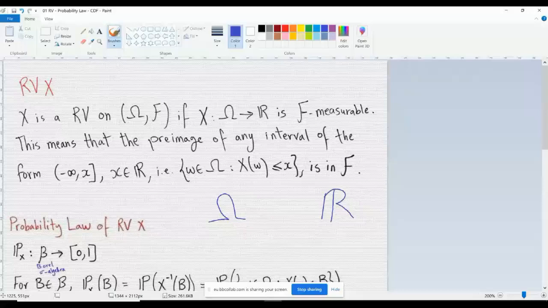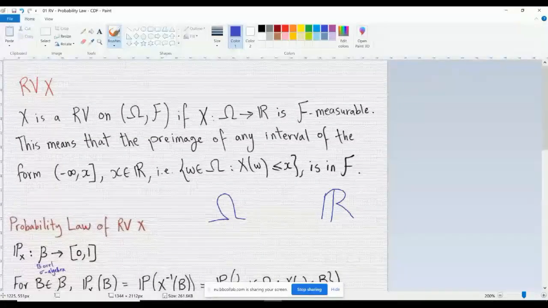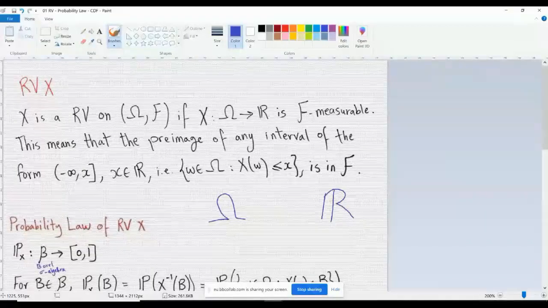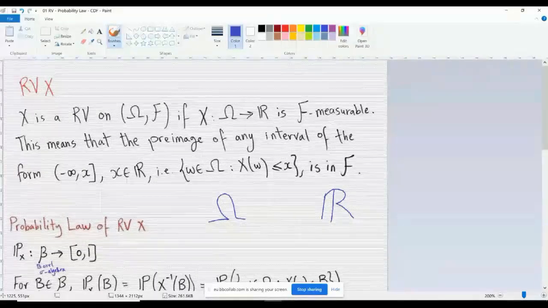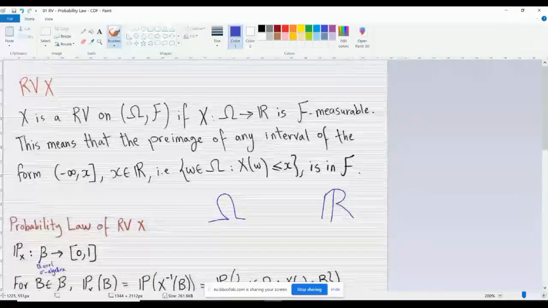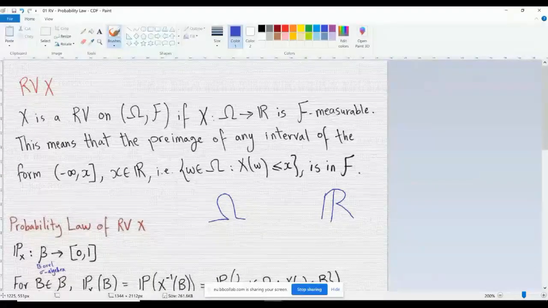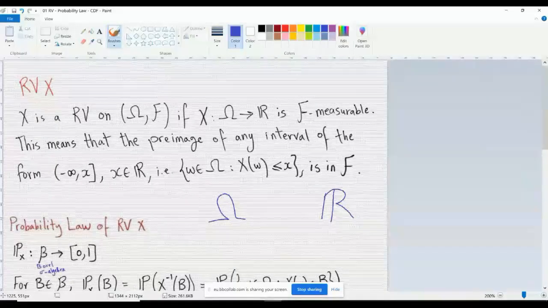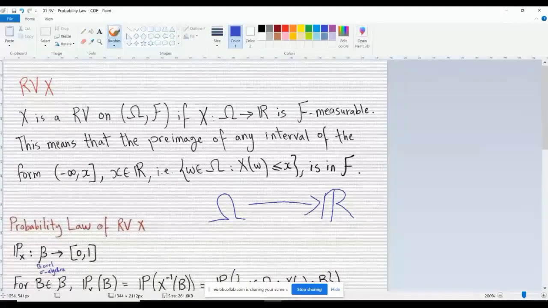If it is uncountably infinite, and you want to have consistent mathematical results, you will have to let go of the power set and use just a proper subset of the power set as your sigma algebra. In that case, yes, it may happen that the pre-image of some Borel set is not part of your sigma algebra, and then what you have is some function and not a random variable. Okay, so we have a function from big omega to R that is also F measurable.